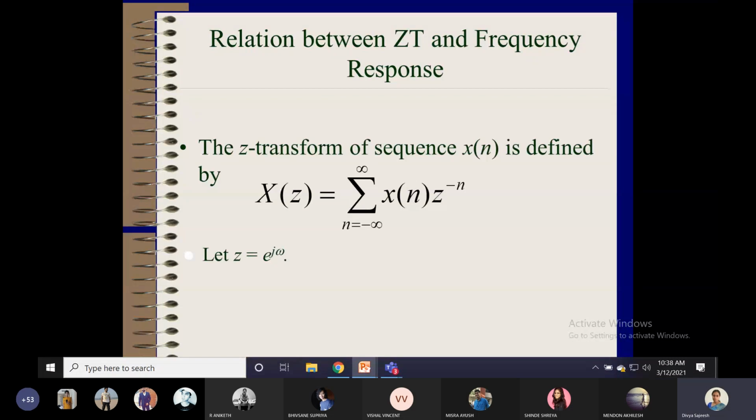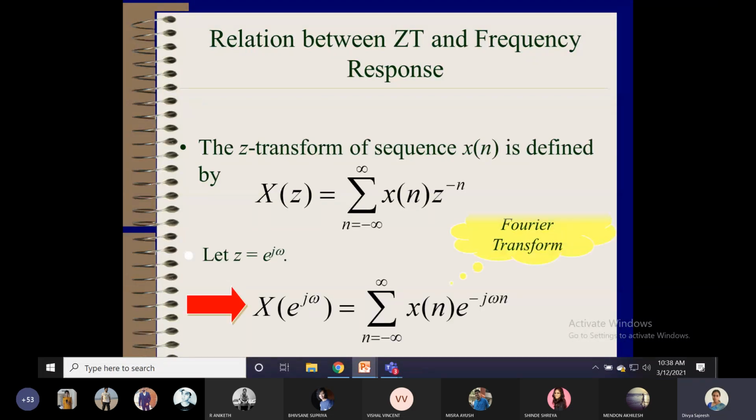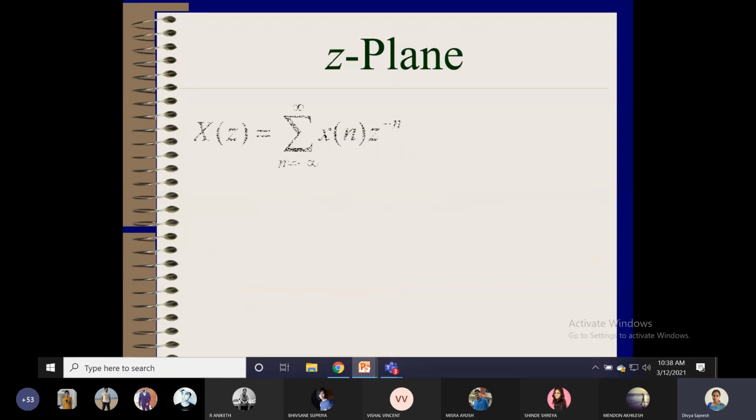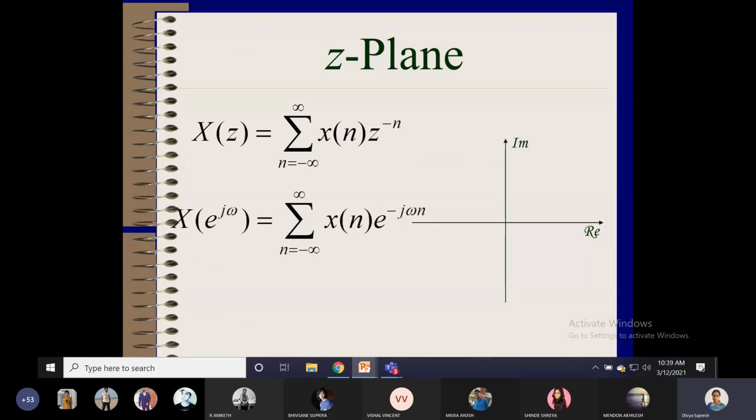So putting z equal to e raised to j omega, you will obtain the Fourier transform of the signal. Now in the z plane, if I put z as e raised to j omega, then at the unit circle, what you obtain of the z transform is nothing but the Fourier transform of the signal.